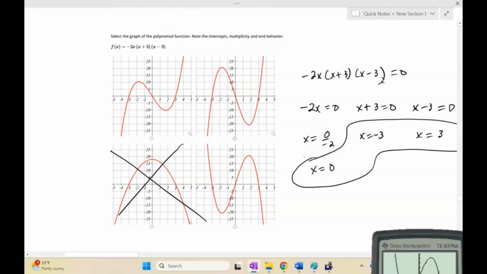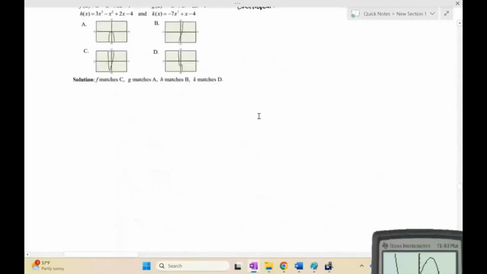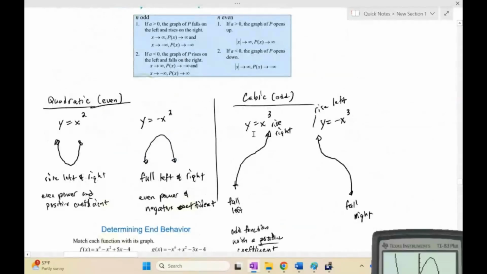Well, since this thing is a cubic equation, because if you multiply all of this stuff together, somewhere down the line, you're going to get an x to the third power. The coefficient is negative. So if you have an odd function and the coefficient is negative, it should rise to the left and fall to the right.